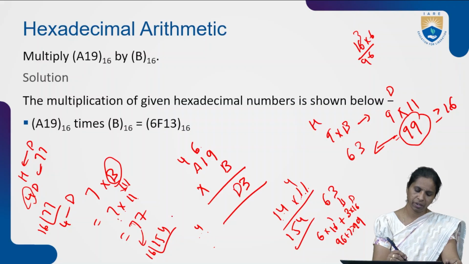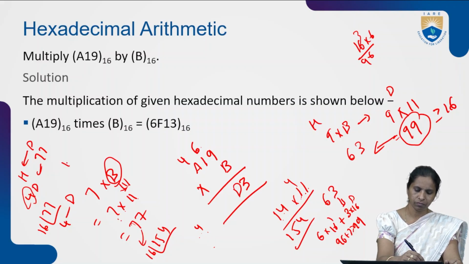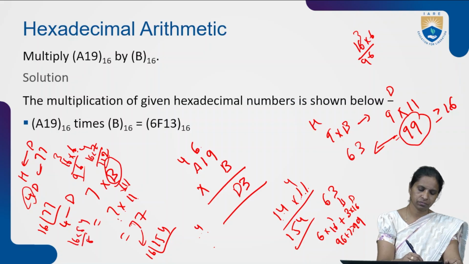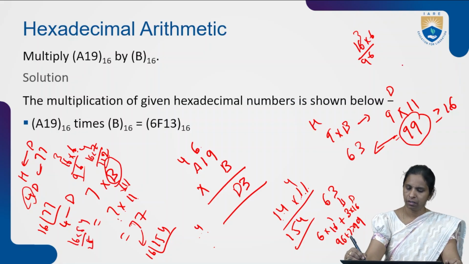So 154 divided by 16. 16 6s are 96, and 16 7s are, and 16 8s are 128, and 16 10s are 160, 16 9s are 144.